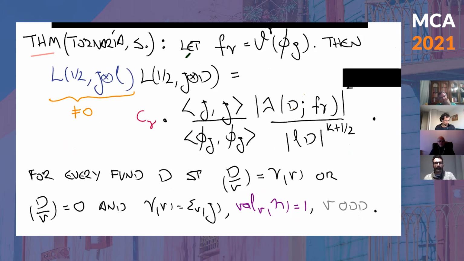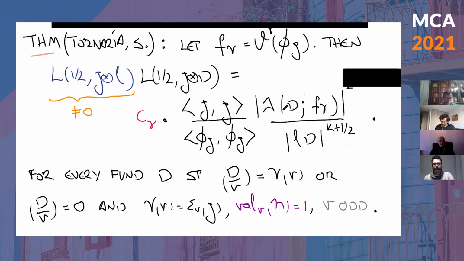The formula resembles both the result of Gross and the result of Bach and Mao. So, newforms F gamma satisfy the following formula relating the twisted central values of G to the Fourier coefficients of F gamma.